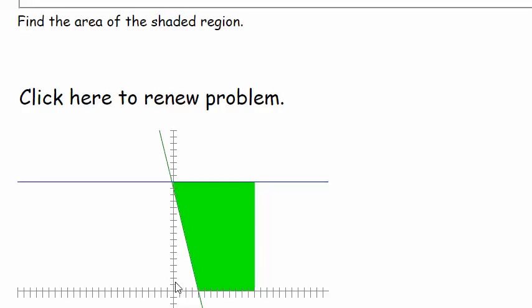Alright. 1, 2, 3, 4, 5, 6, 7, 8, 9, 10, 11, 12, 13, 14, 15, 16. Somebody write that down. 16. And it looks like 17 is the top one.